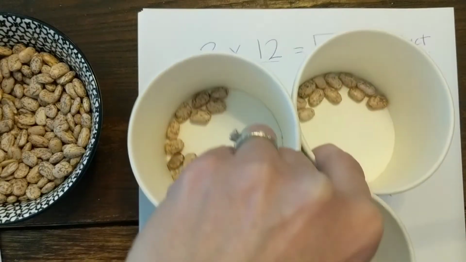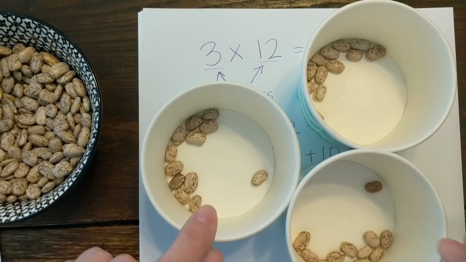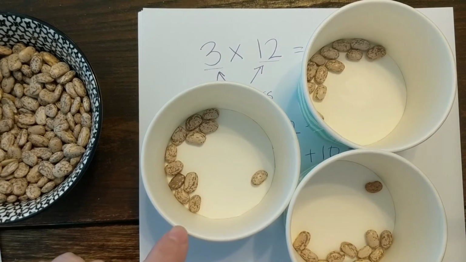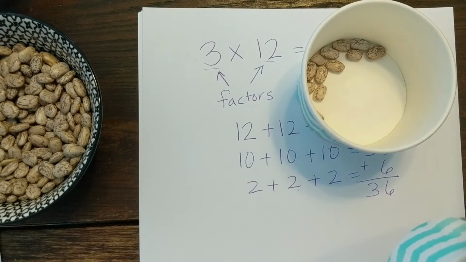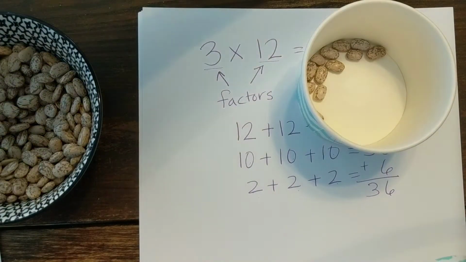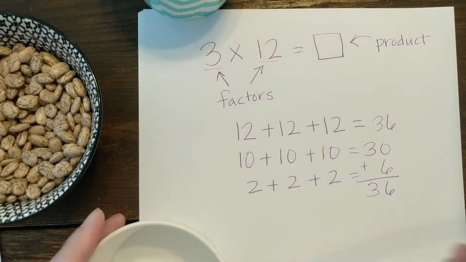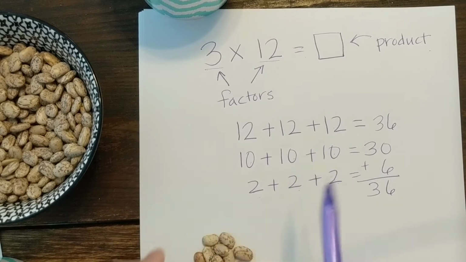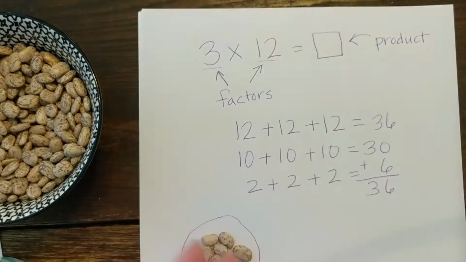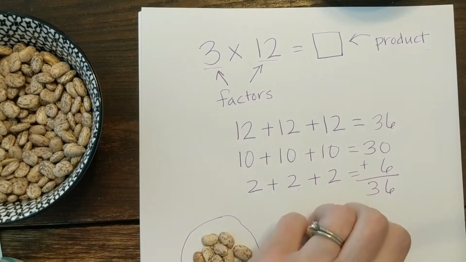36. Or you could have just continued to count as you were putting your beans into your containers to get 36. Okay? Another thing you can do is take your beans once you have all 12, and you can make a little circle around them, say you don't have a container, and make your equal groups like this.